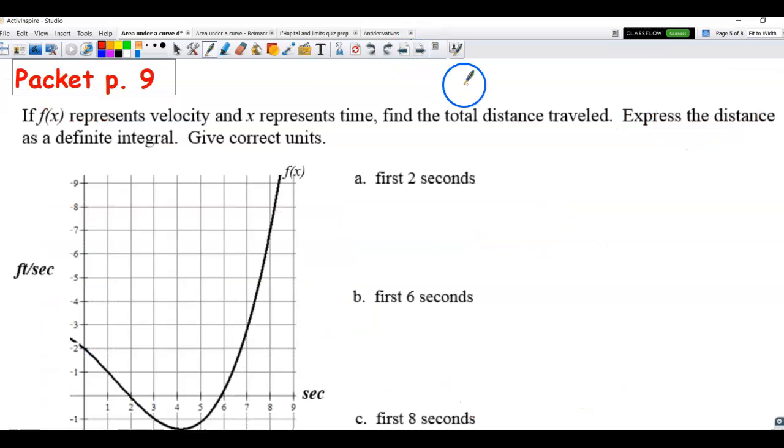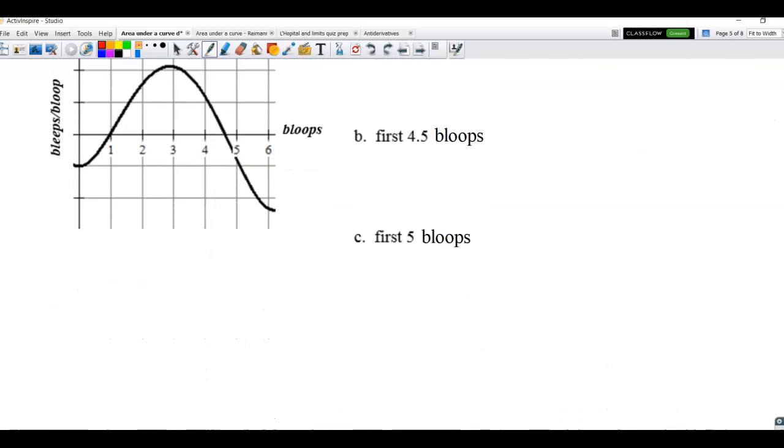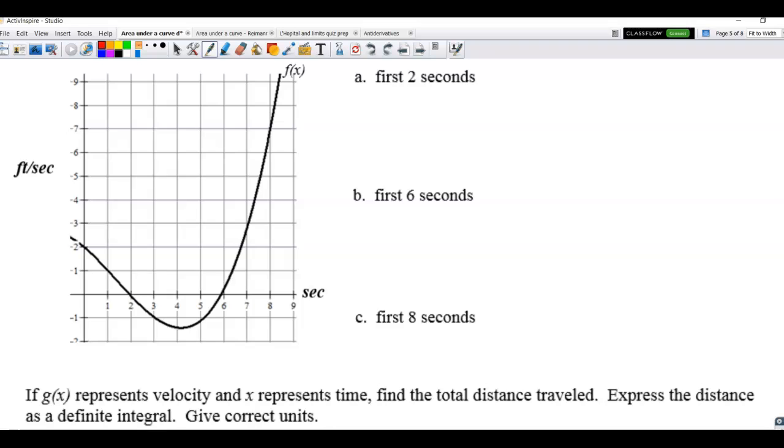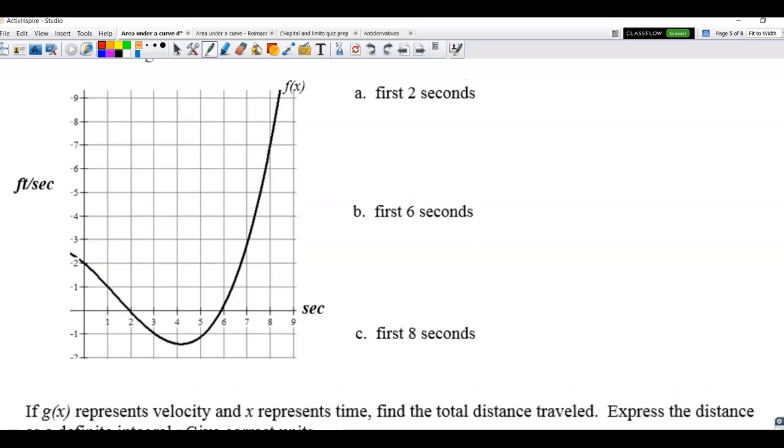Notice when we look at some of the example problems, the first example that I've given you has some area that is above the x-axis and below the x-axis. So let's take a minute to look at that. This region right here, the area enclosed between the curve, the x-axis, and in this case 0 and 2, is positive area.